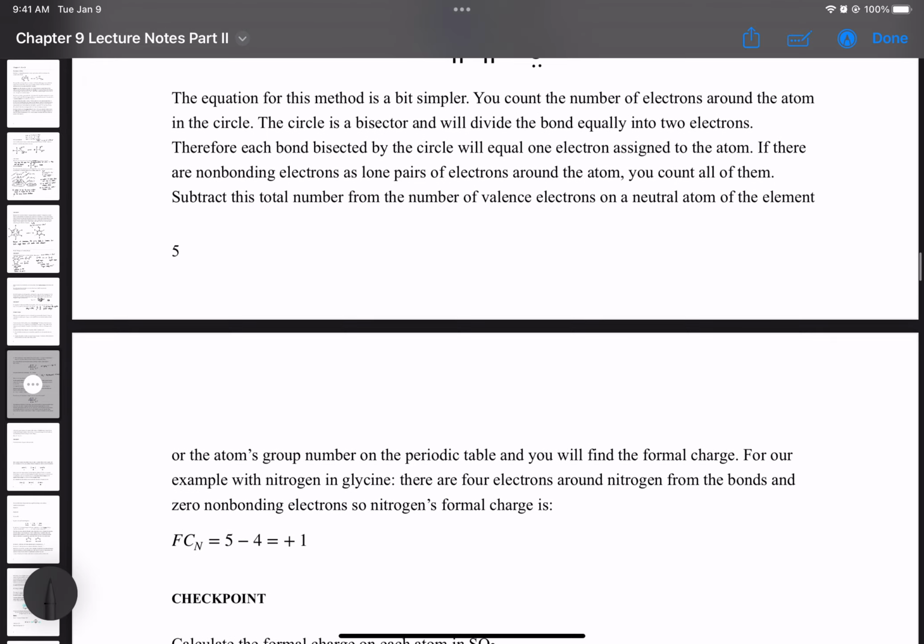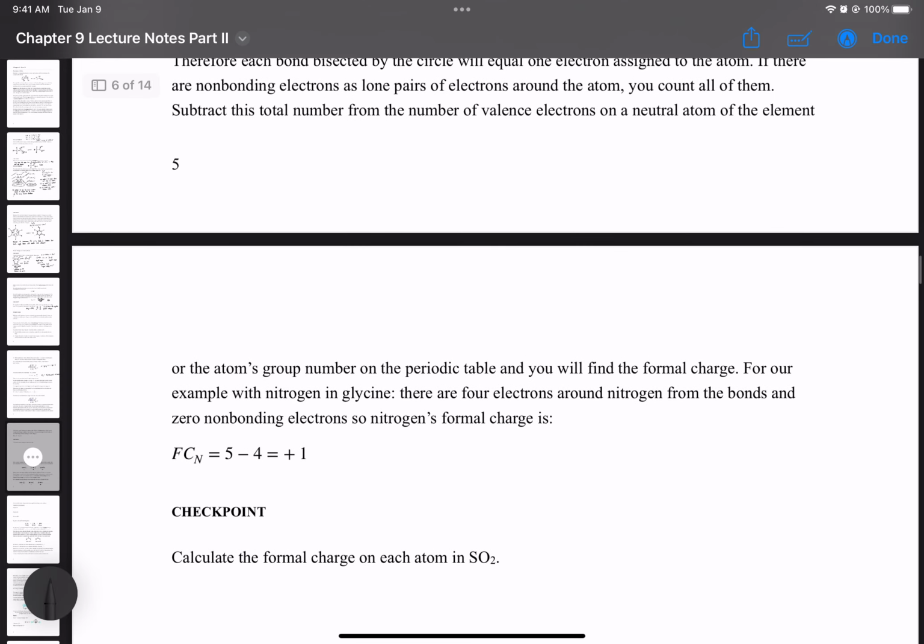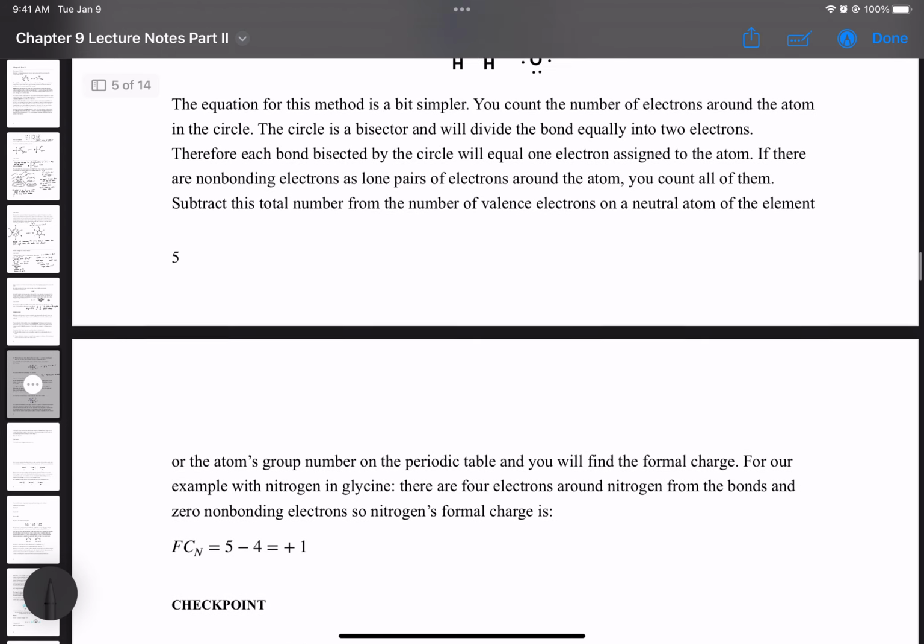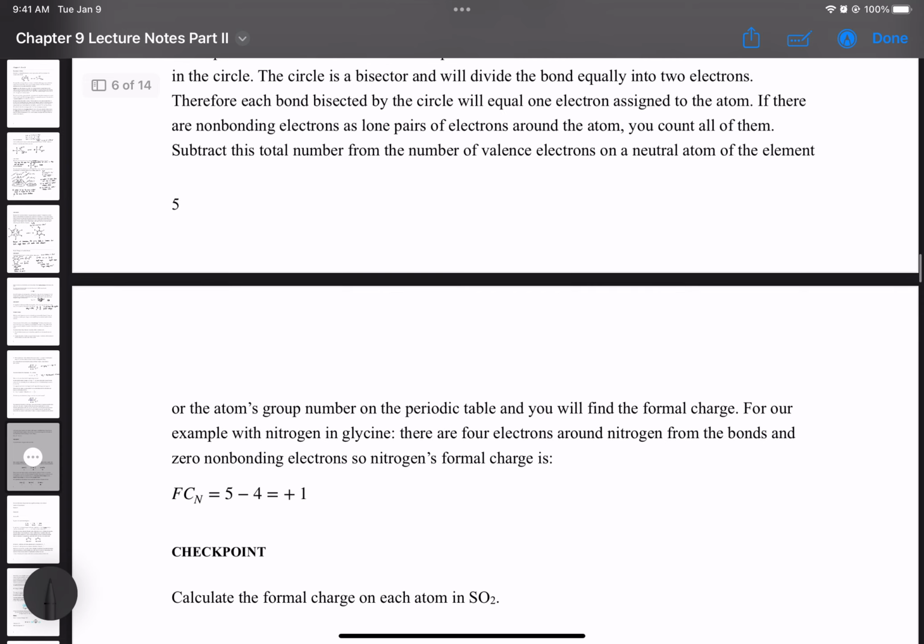So we look at the periodic table, we find that it's in group 5. So for nitrogen, there are 5 valence electrons in a neutral nitrogen atom. Subtract the 4 electrons we got from the circle method, and we get +1. So it's a similar technique for determining formal charge, and it gives us the same answer.